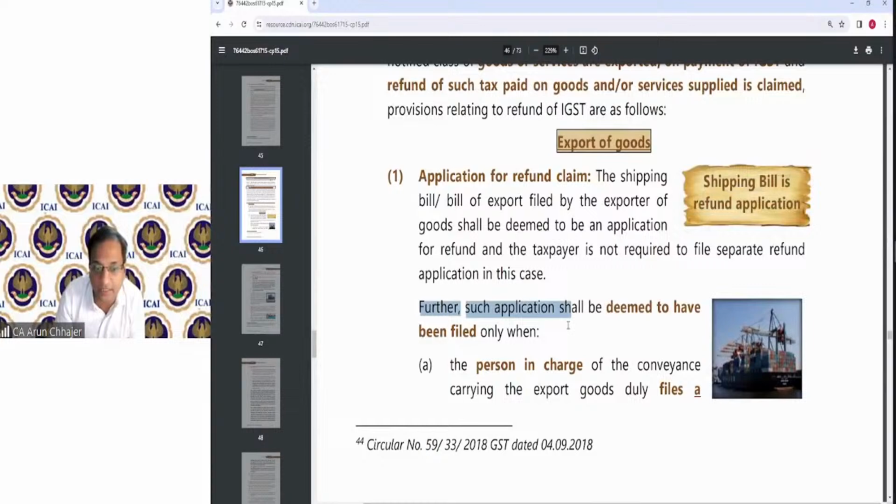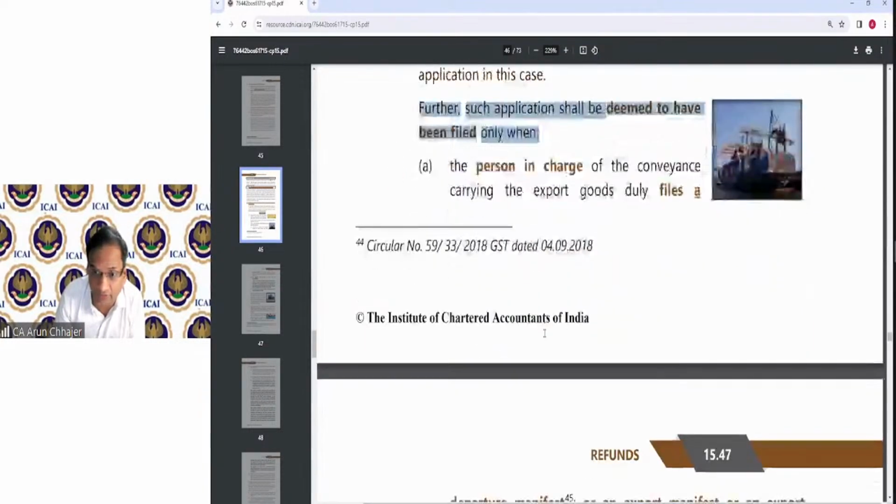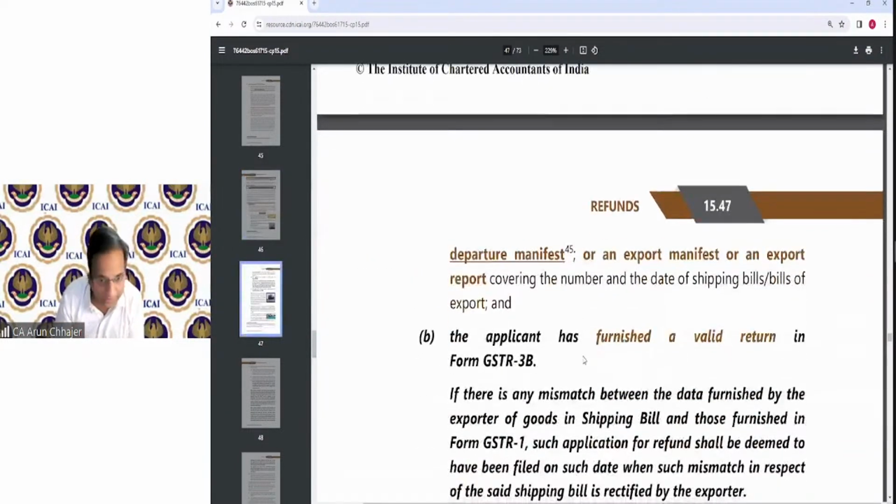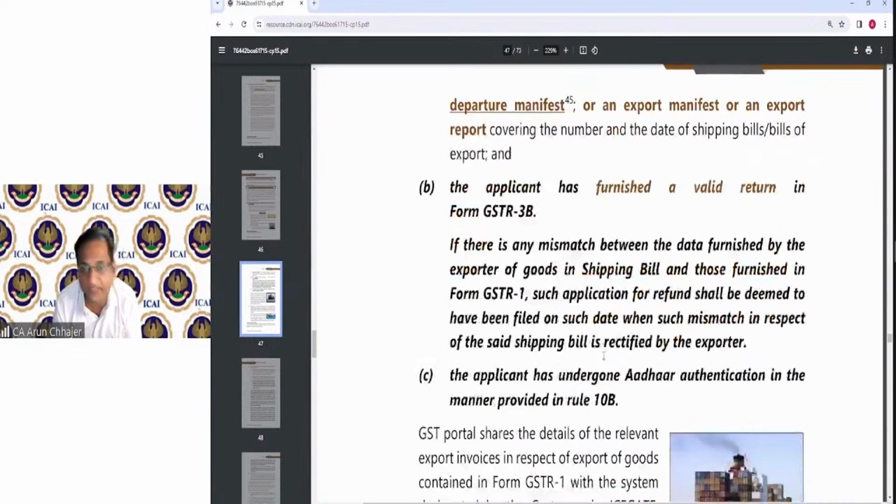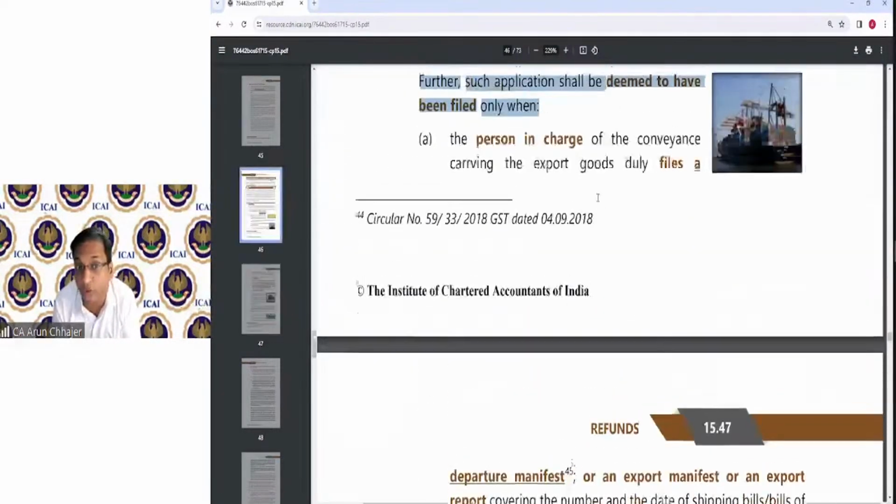Such application shall be deemed to be furnished only when the person in charge of the conveyance carrying the goods duly filed the departure manifest or export manifest or export report covering the number and date of shipping bill. Applicant has furnished the valid return in the GSTR 3B. तो मैंने क्या कहा, दो डेटा फाइल होगा.